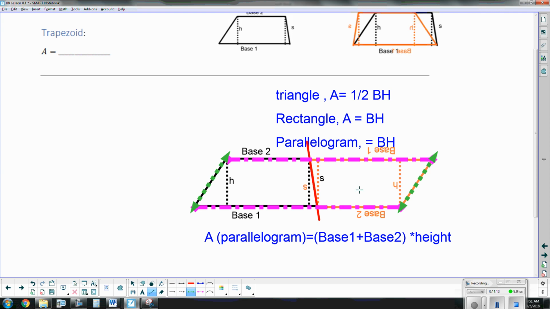So I know that those two are exactly the same. I know that side S here is exactly the same. It's not overlapped at all because it's the reflected image, or it's the rotated image of that original trapezoid. So my parallelogram is base 1 plus base 2 times the height. That parallelogram is two trapezoids.